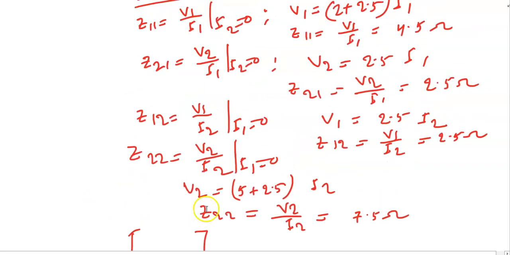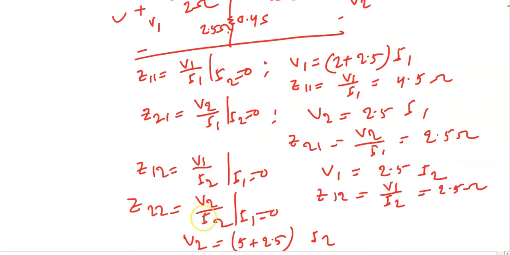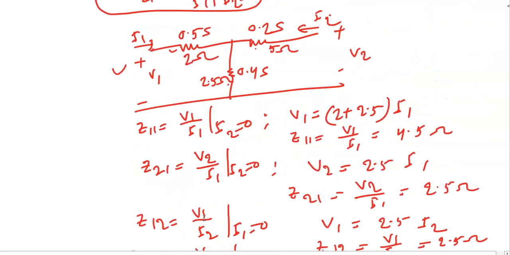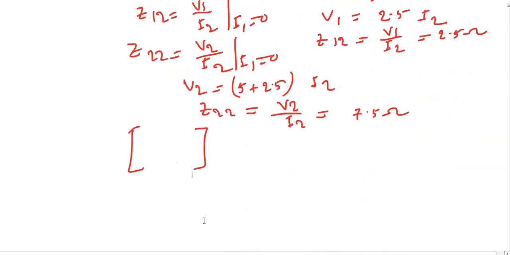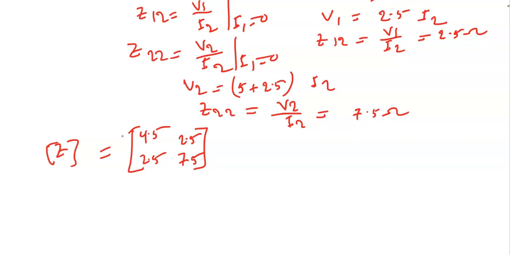G11 is 4.5, G22 is 7.5, and these are your 2.5 and 2.5. Later on we'll see that we need not calculate all the parameters, because when we learn the property, we'll see that all passive networks are symmetrical.